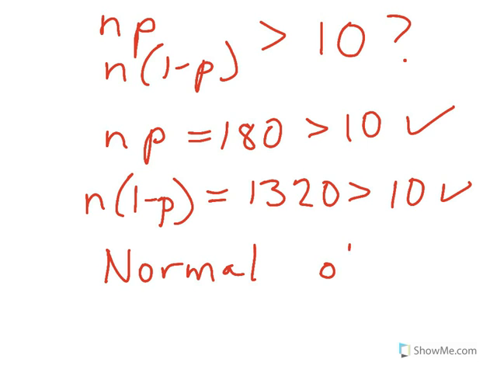You have to show this particular check every time that you want to use it, or at least once within the context of a problem, to show that using the normal approximation tools is okay to do. Now that we've done that, we can go ahead and take the problem in this context, which is we'd like to find how likely it is that a typical sample would have between 165 and 195 black people in it.